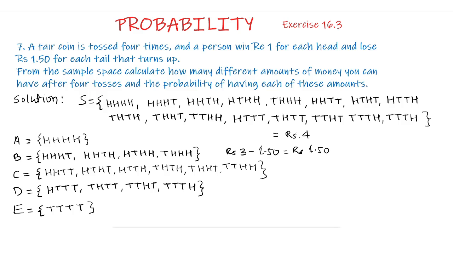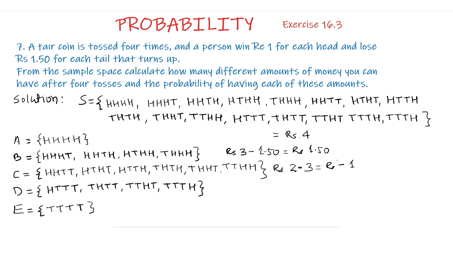And for event C, there are 2 heads and 2 tails, and for 2 heads there is an earning of rupees 2, and for 2 tails there is a loss of rupees 3, that is 2 multiplied by 1.50 is rupees 3. So it is 2 minus 3, which is equal to minus rupee 1.